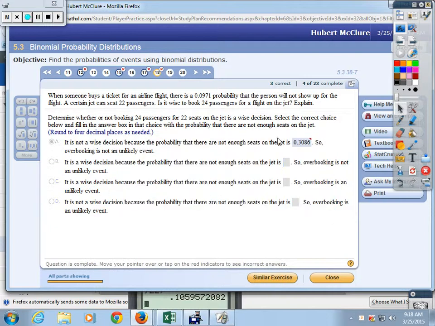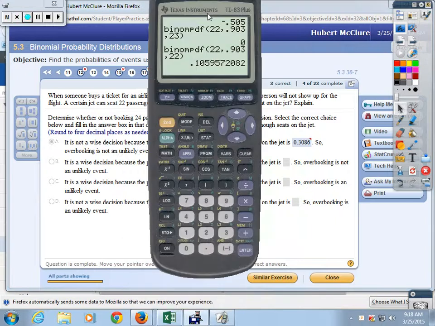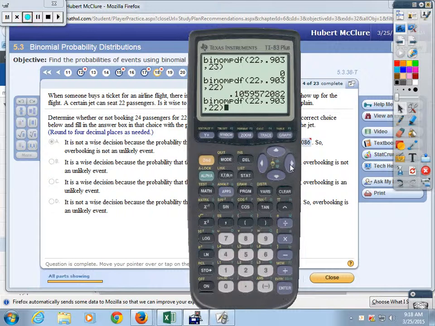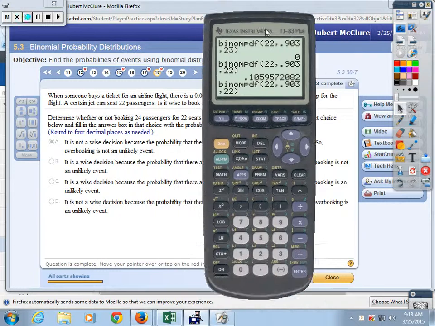See, that's 0.3086. And I don't know how they're getting that. Now, hold on a second, let me try this. Second function, entry, and instead of putting in the complement, put in the no-shows, 0.097.